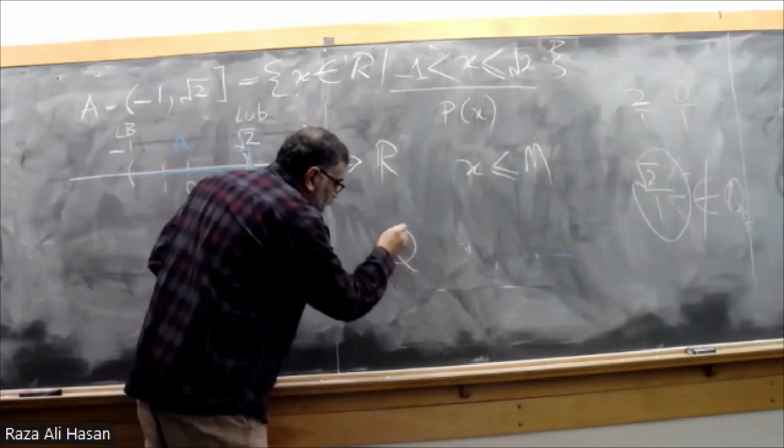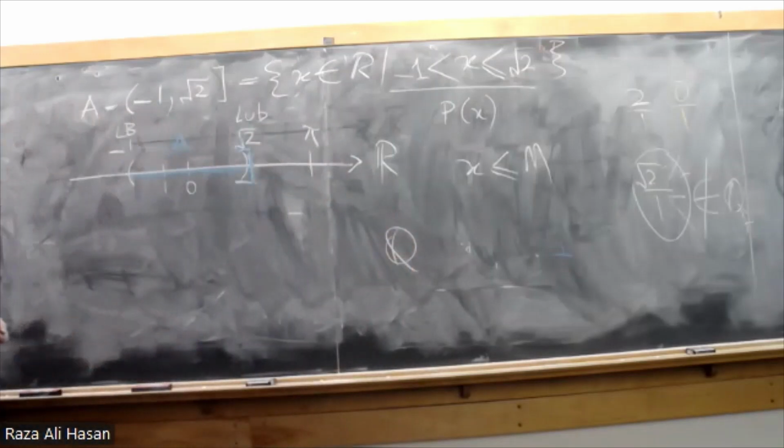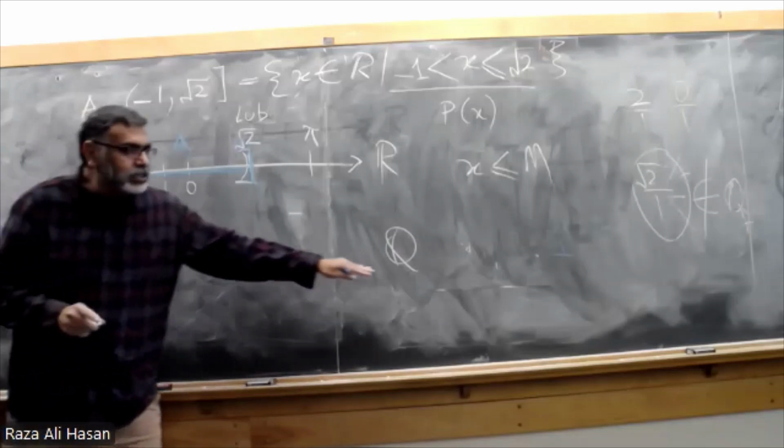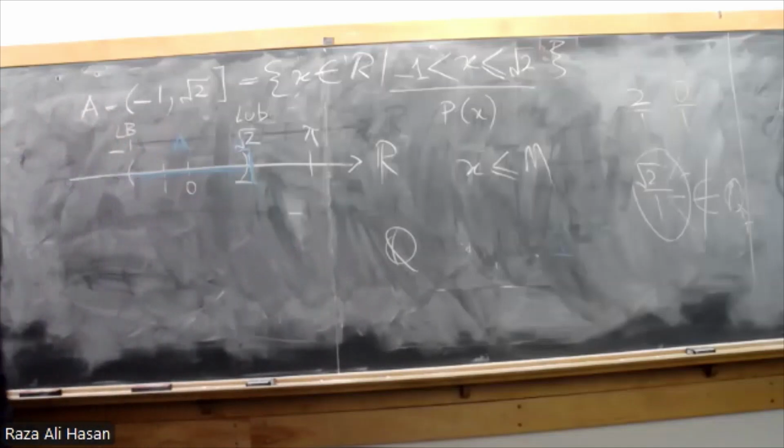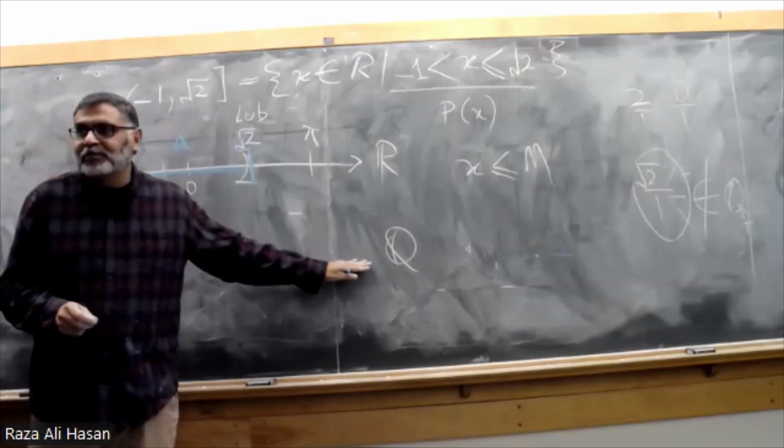So now we are back in the world where if we get an LUB of a subset of the rational numbers that is not a rational number, that means that rational numbers have gaps. Okay?